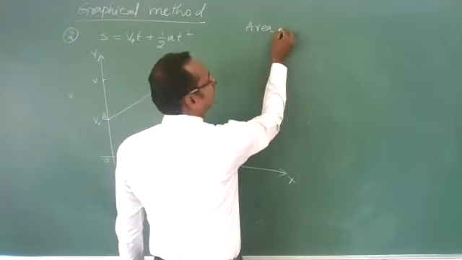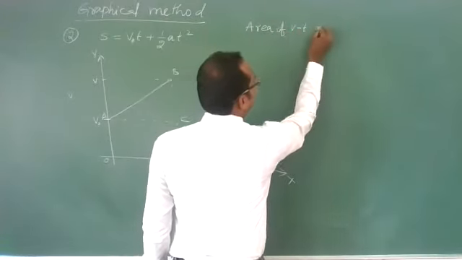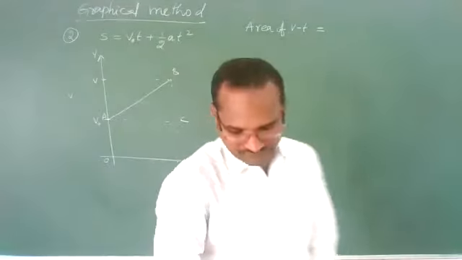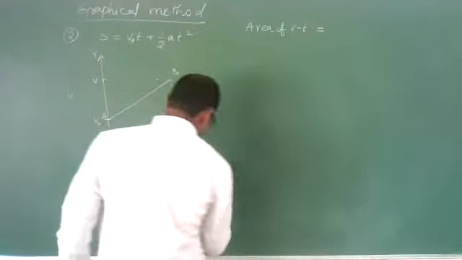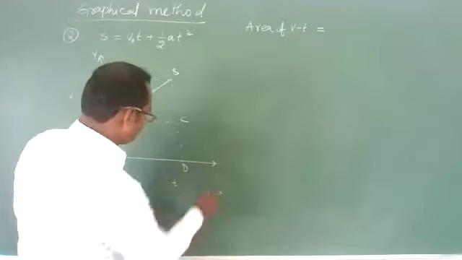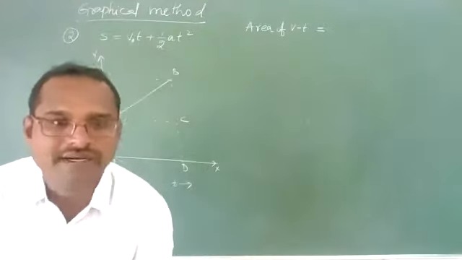The area of the velocity time graph gives you what? Displacement.